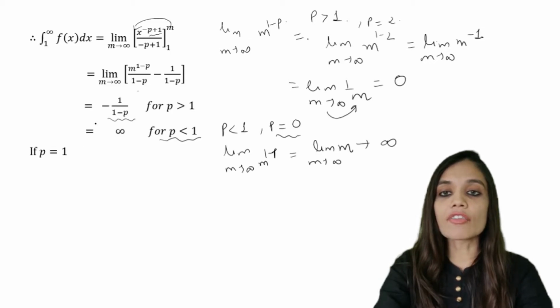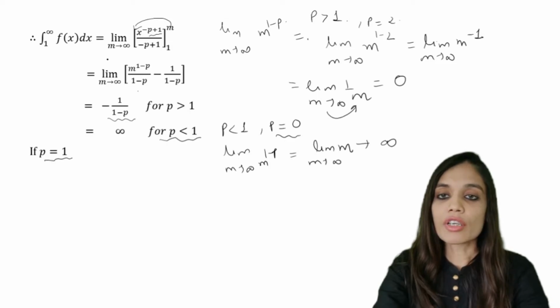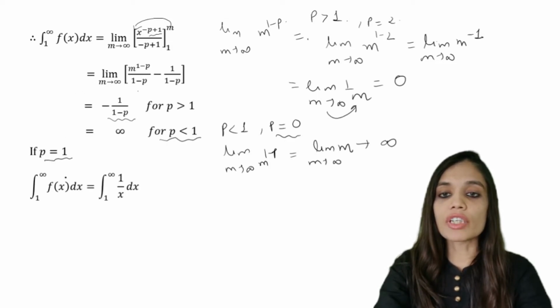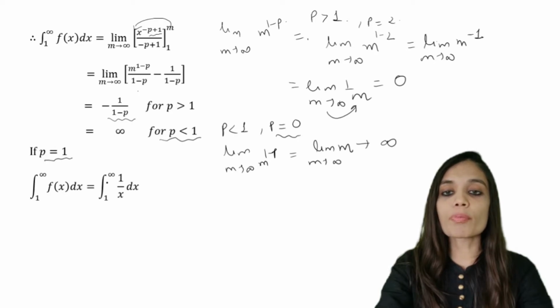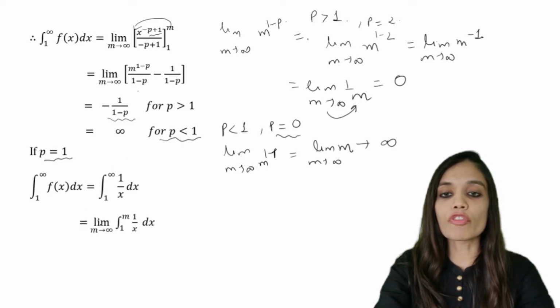Now let us find the value of the integral for p equal to 1. So integration 1 to infinity of f of x dx will be equal to integration 1 to infinity of 1 upon x dx. Again this is an improper integral, so write it as limit m tends to infinity of integration 1 to m of 1 upon x dx. Now the integration of 1 upon x will be equal to what?